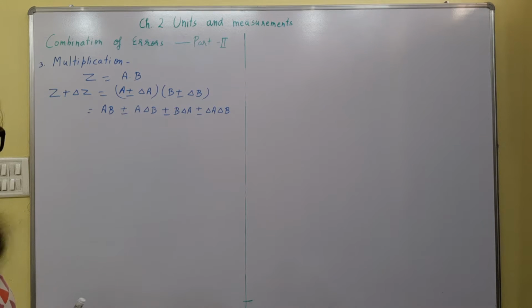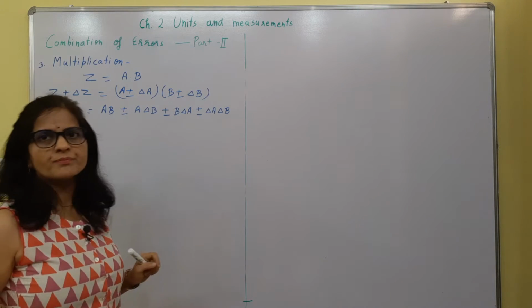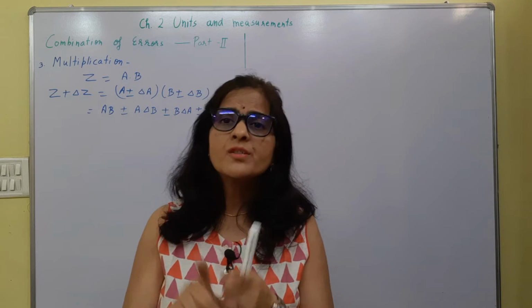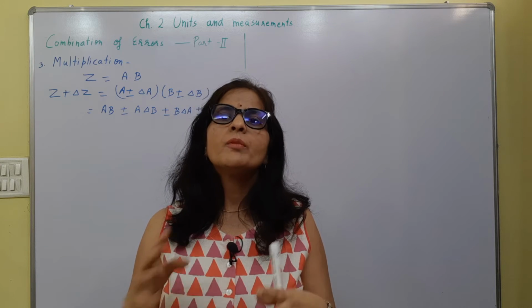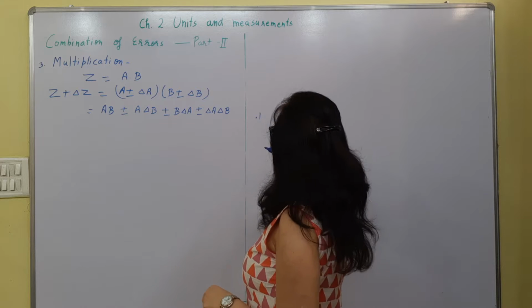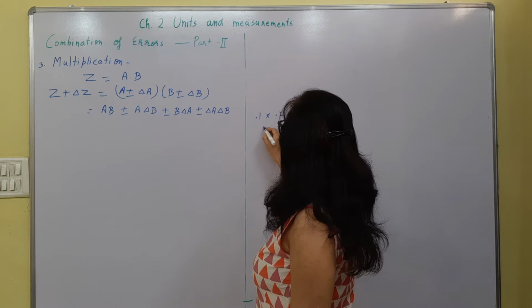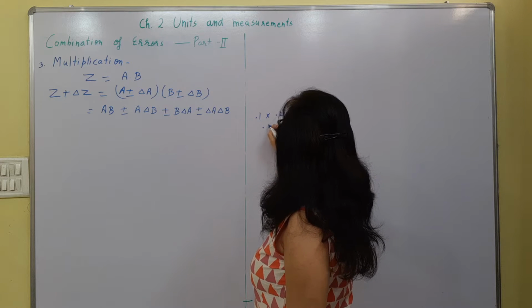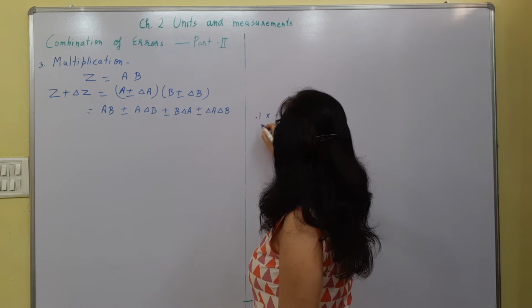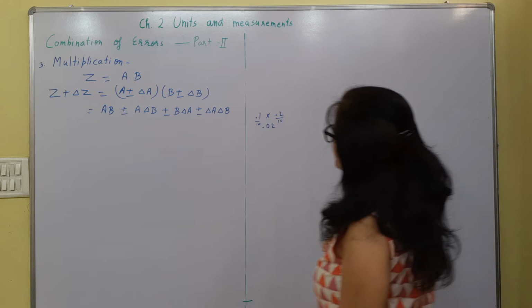Now we know that errors are small, right, as compared to the main quantity. So if we have two very small quantities multiplied together, it will be even smaller. For example, if we take 0.1 and 0.2, suppose these are the errors. If we multiply these two, what will we get? 0.02, yes or no?